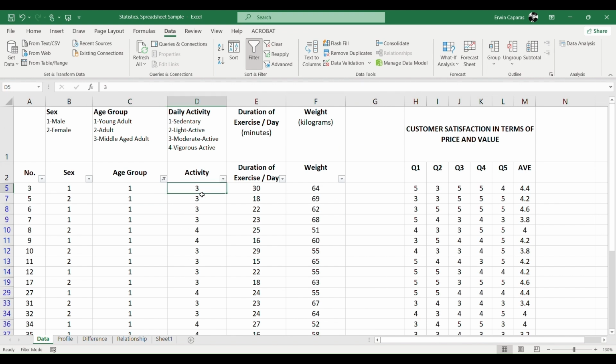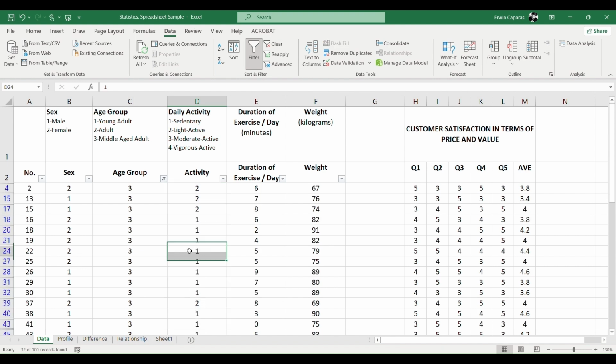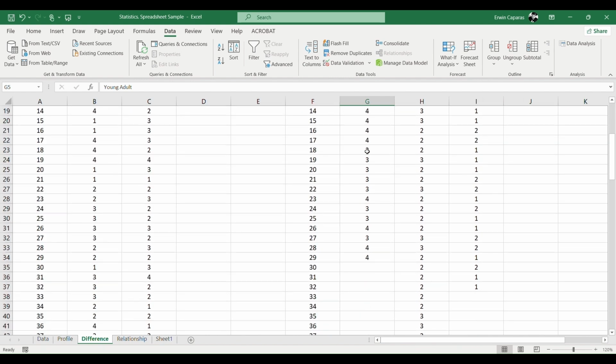Daily activity of young adult, and then copy and paste, and then we have 2 for the adult, okay? Again, we get the data, and then we filter the data for the middle-aged adult, then we copy and paste the data, okay, to our table. So this is our table, okay.